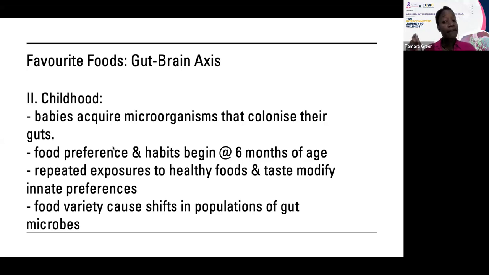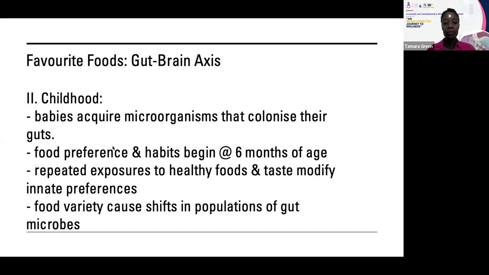So if the mother was either overnourished or undernourished, the evidence is showing that if there is intentionality in feeding the baby healthy foods, there can be a change in what they prefer.